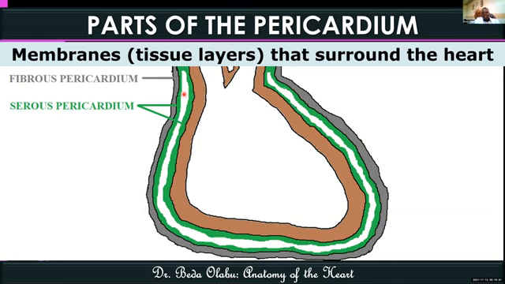It's not connective tissue. It is mesothelium. As we can see here, the serous pericardium has two parts. The part that is lining the inner surface of fibrous pericardium is called the parietal layer of the serous pericardium. And the part that lines the outer surface of the myocardium is called the visceral layer of the serous pericardium.